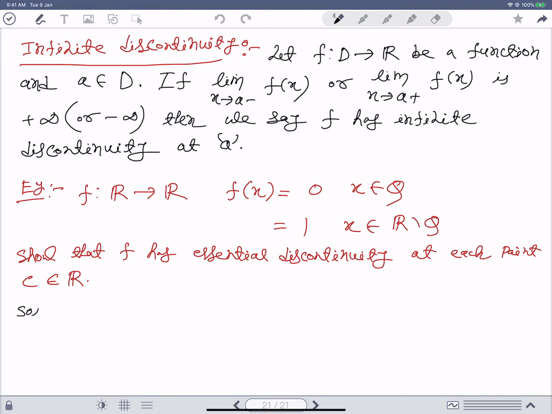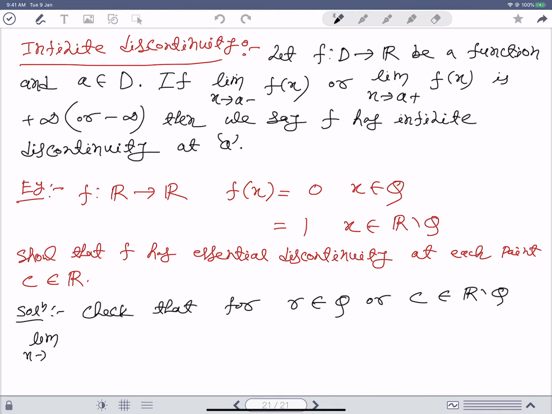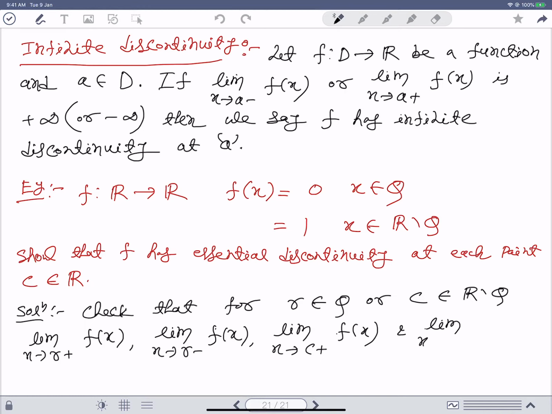In fact, you can verify that for, say, r belongs to rational or c belongs to irrational, the limit x tending to r plus f of x, limit x tending to r minus f of x, limit x tending to c plus f of x, and limit x tending to c minus f of x, all do not exist.